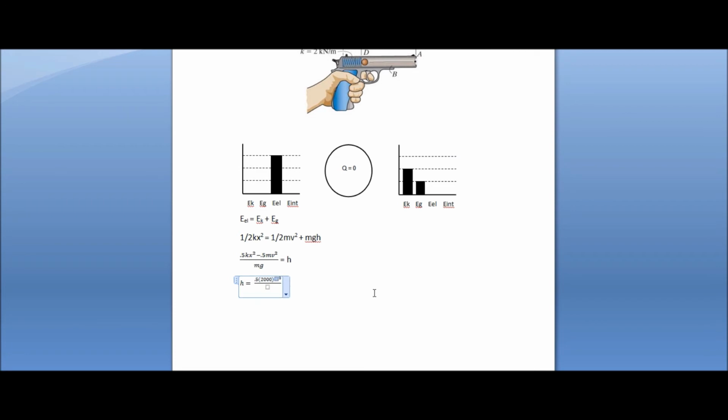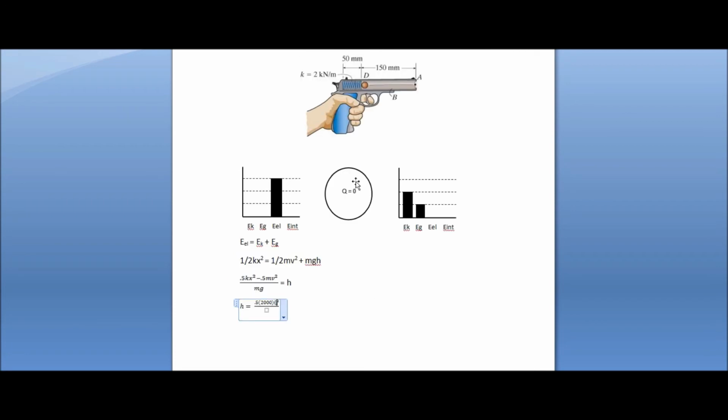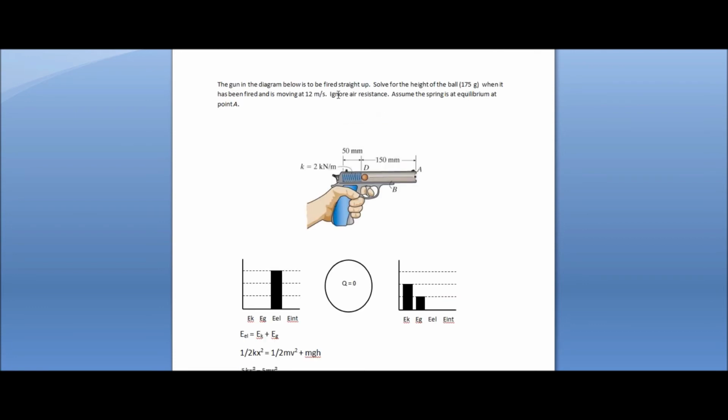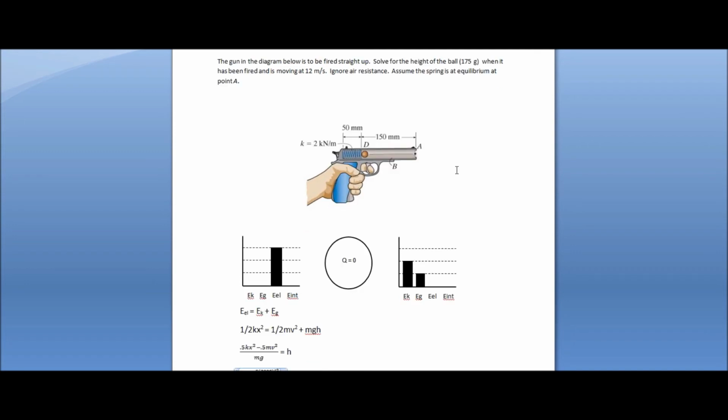Let's see what we got squared. The x value. Well, it says that the equilibrium point is here at point A, so it looks like this right here is how much the spring has been compressed. 0.15 meters, because we got to change that to meters. So milli means 3, so 1, 2, 3. 0.15 meters.